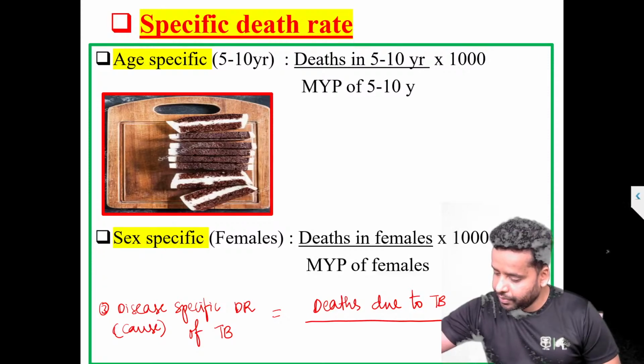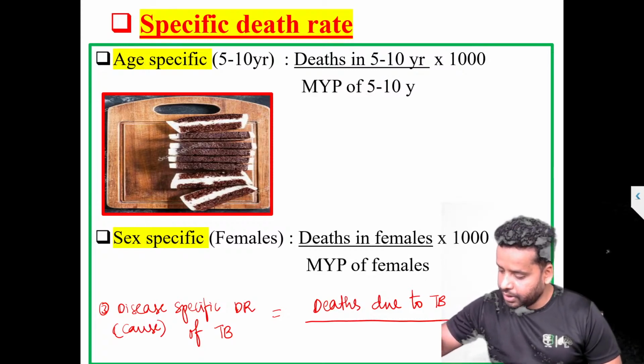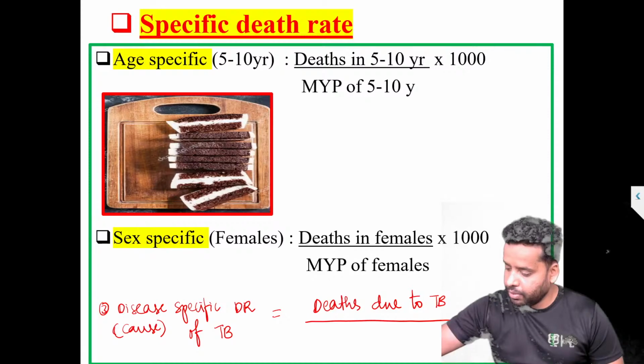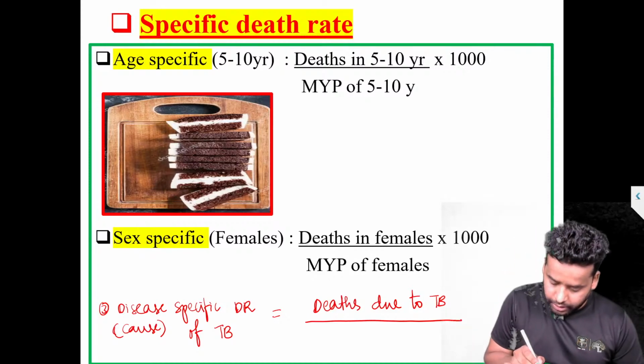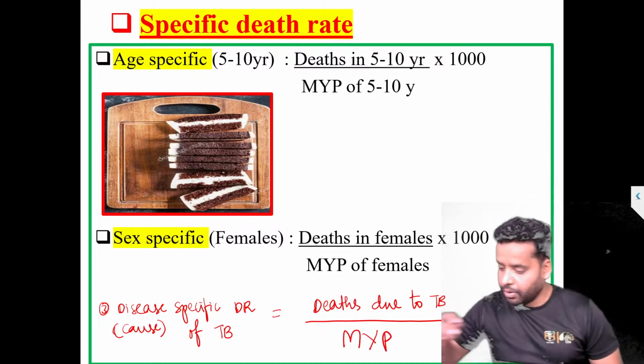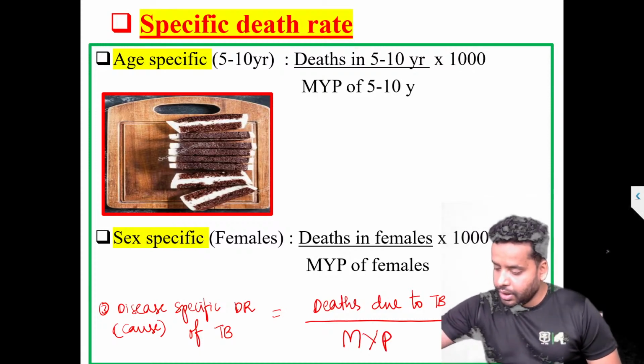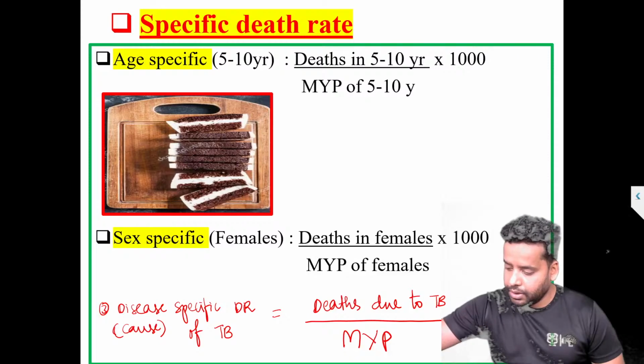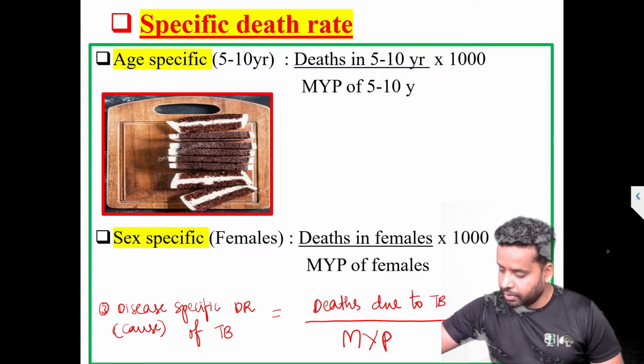Not cases. Yes, Dr. SK got the chocolate for this. It is mid-year population. Write the denominator. Don't write cases, don't write total deaths. It is just mid-year population. Here you make mistakes in the exam most of the times. That is why I'm telling.